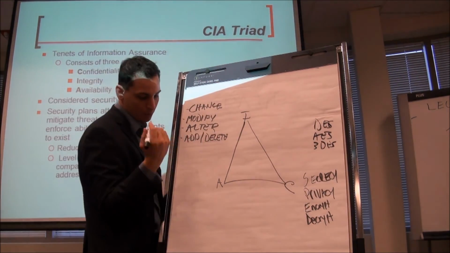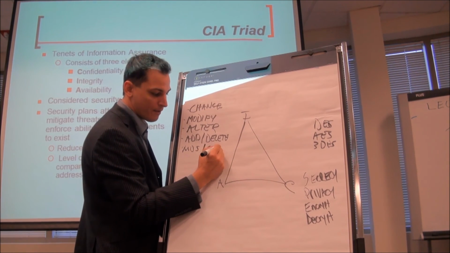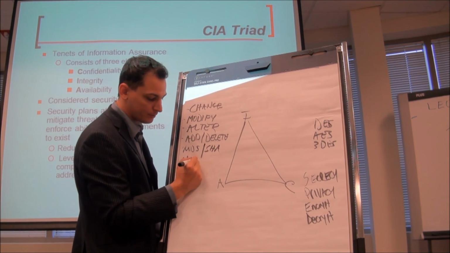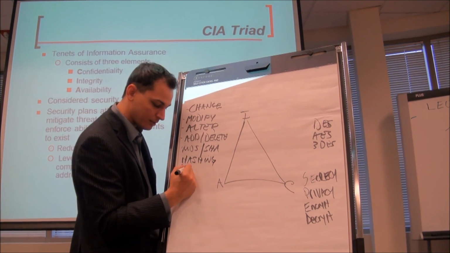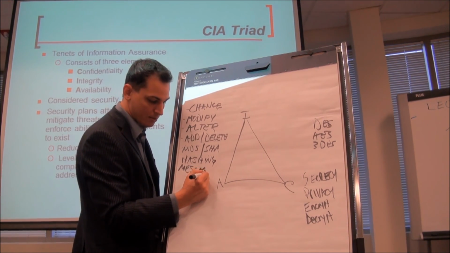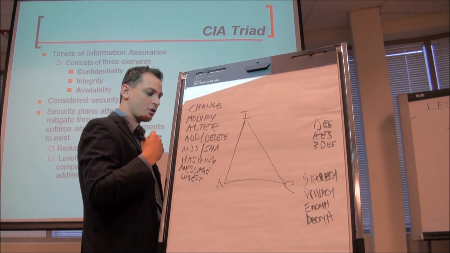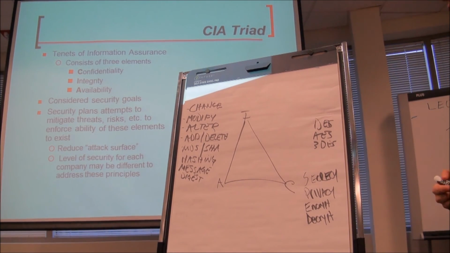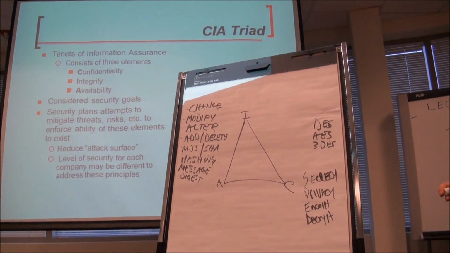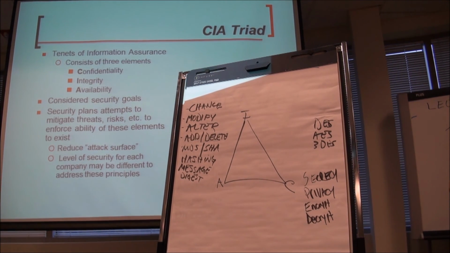For integrity, you could add protocols like MD5, or SHA, or hashing, or message digest. This is your roadmap here. Change, modify, alter, delete, SHA, MD5, hashing, message digest for integrity; secrecy, privacy for confidentiality.